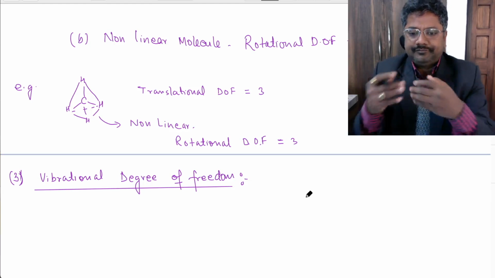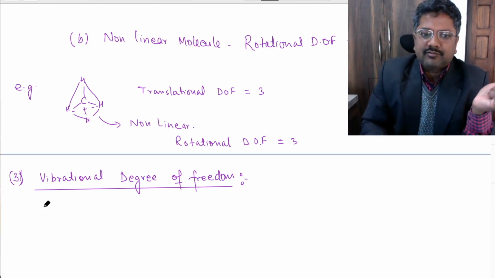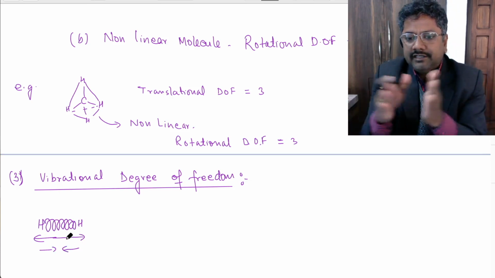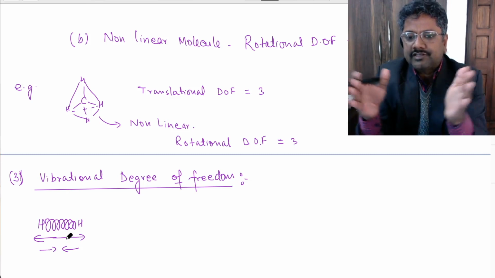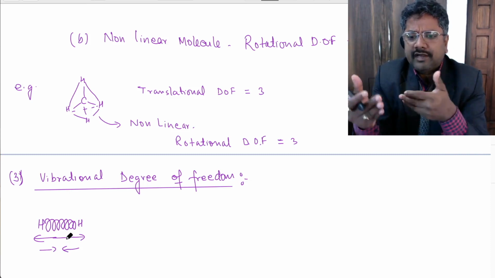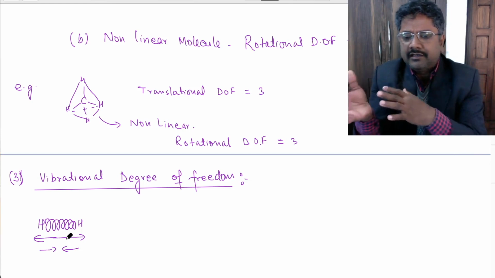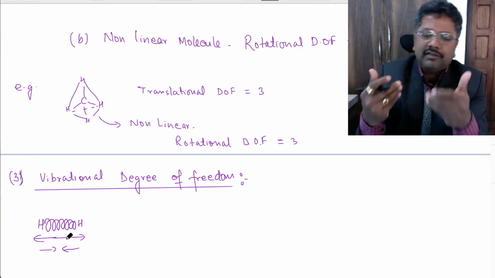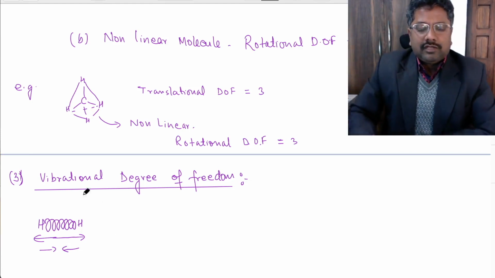It is a to-and-fro motion. Suppose you take a hydrogen molecule; the bond is like a spring, and both hydrogens are always in to-and-fro motion, like this: compress, relax. This is called vibrational motion. Although we have different modes of vibration, rocking, scissoring, bending, stretching, here we are not going into that detail.